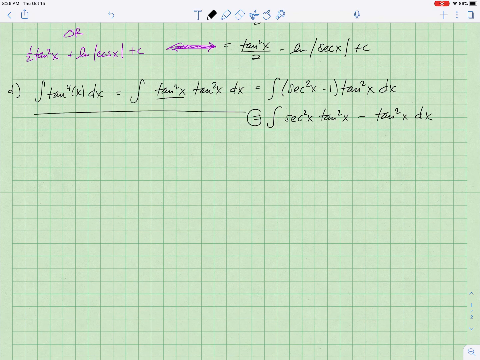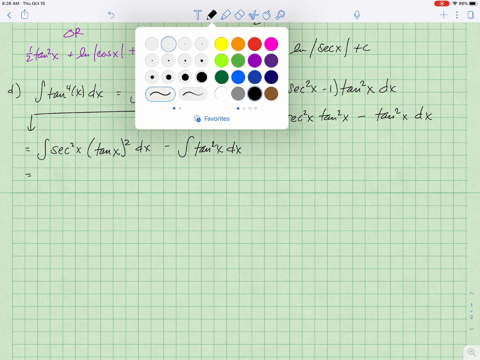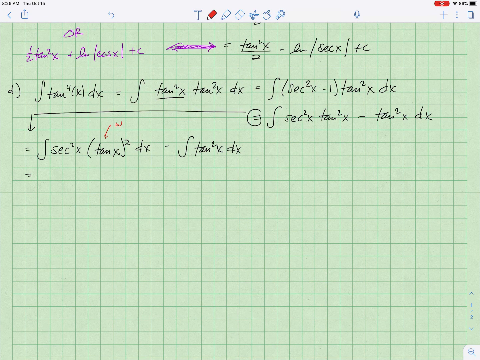We're going to break that into two integrals. This is the integral of secant squared x, I'm going to rewrite it like this, tangent x quantity squared dx minus the integral of tangent squared x dx, which we already know from up above. And here we're going to do something very similar to the previous problem. We're going to do a w substitution for tangent x. Remember that dw is secant squared x dx, and this is going to become the integral of w squared dw.